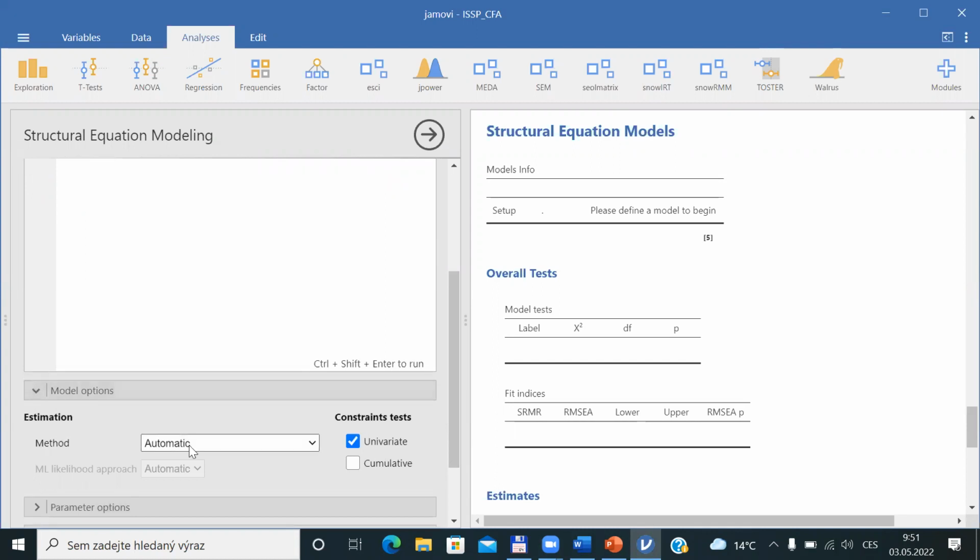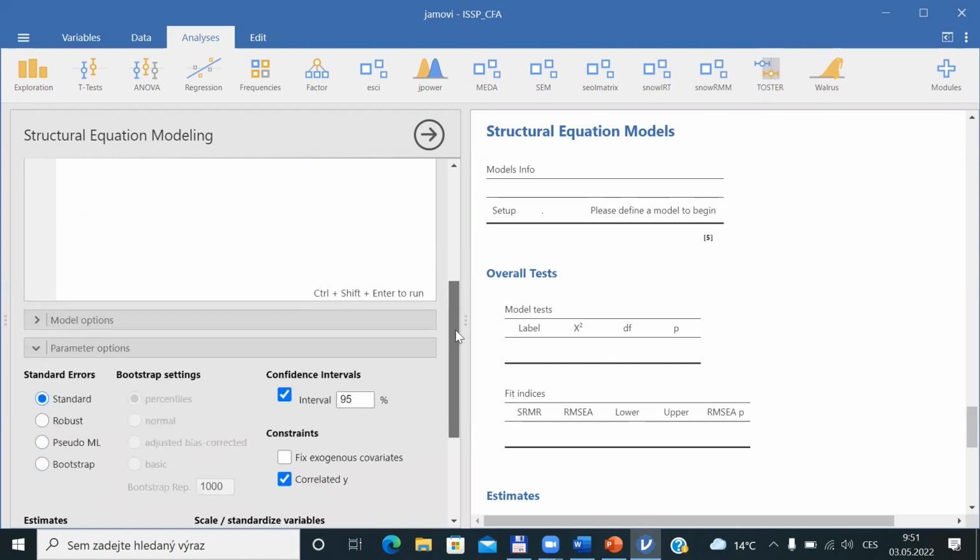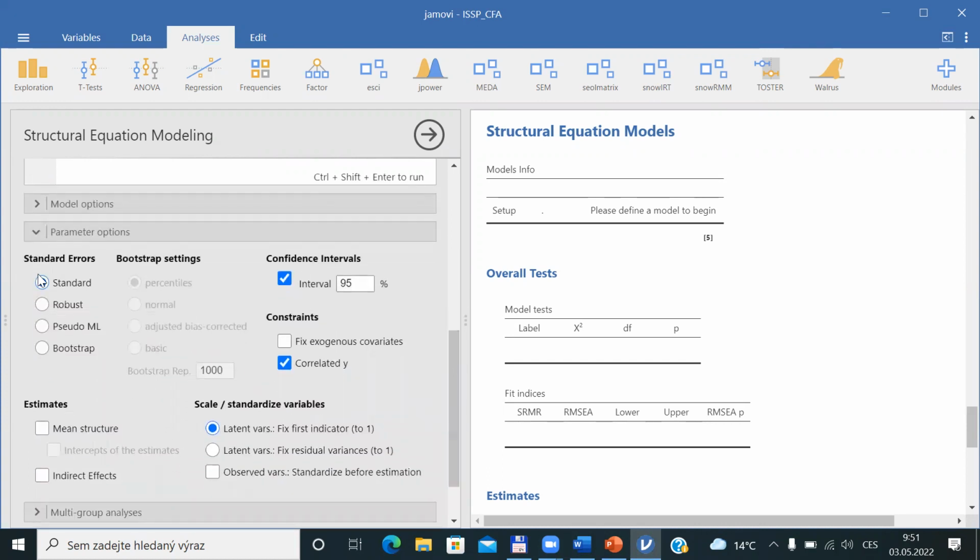And here you can see that there is some automatic selection of estimation method. We won't go into details, so we can skip it. For parameter options, you can see that by default, you will estimate standard errors by some standard, so it means maximum likelihood technique.